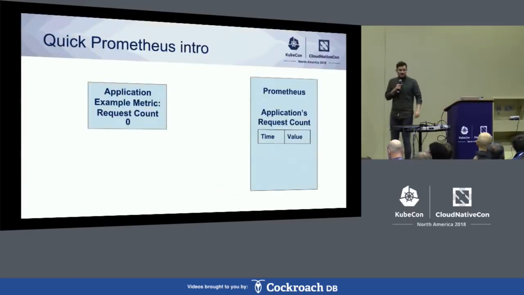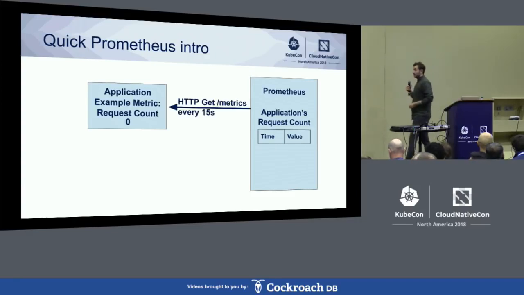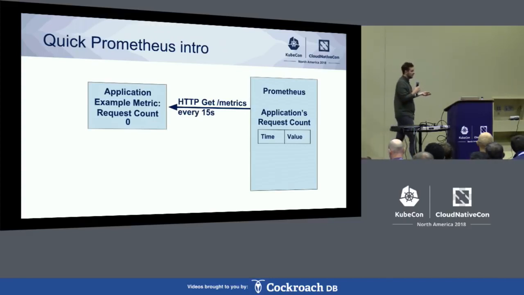So let's start with a really simple intro to how Prometheus works on a really basic example. Prometheus is a pull-based system, so at some regular interval, it will go to your application and grab the metrics that your application exposes. And it just does that via an HTTP call. So we just have an HTTP endpoint on our application that exposes these metrics.